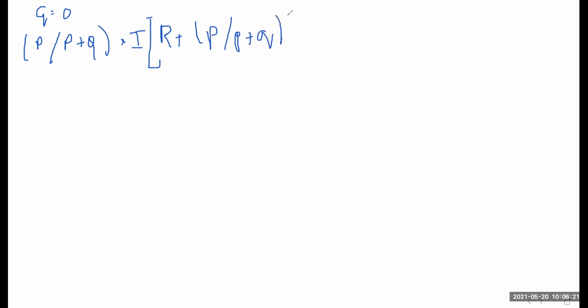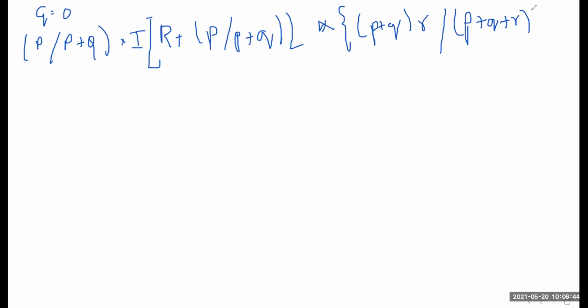And you have to close the bracket, again put a bracket and write P plus Q multiplied by R divided by P plus Q plus R. Then close all the brackets.